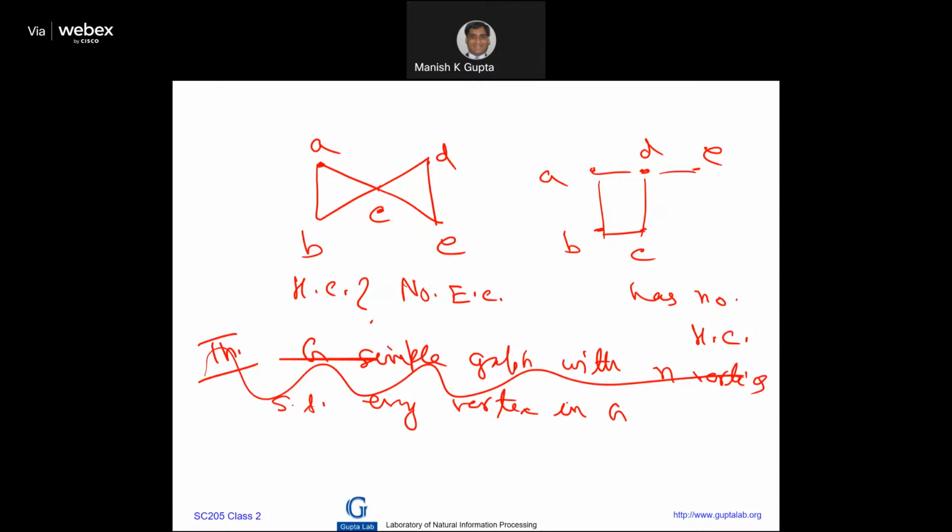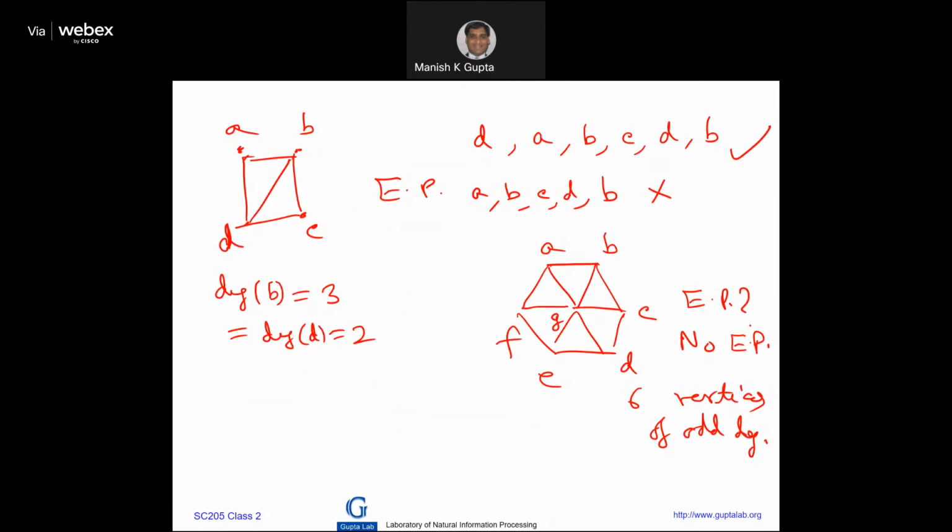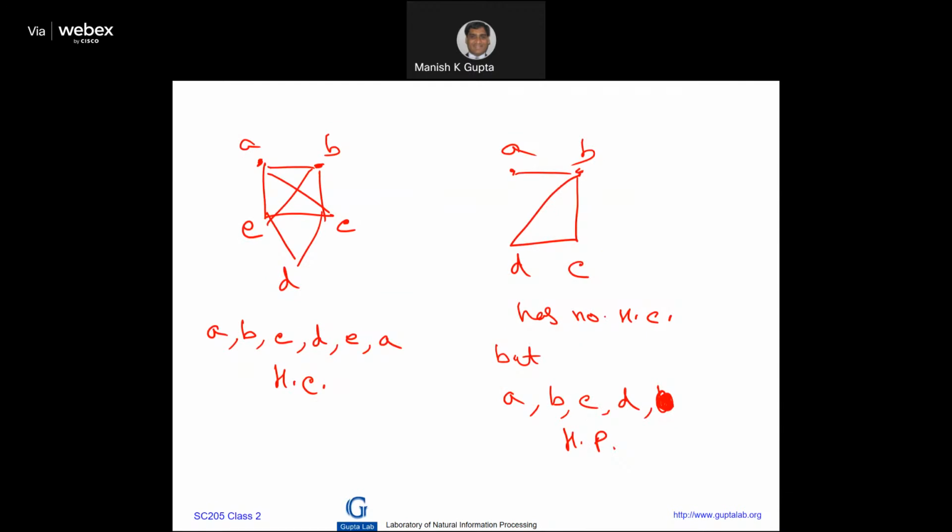There are two results, due to Dirac and Ore, but they are kind of advanced, so you can skip them. So this is all about circuits and paths, the connectivity.